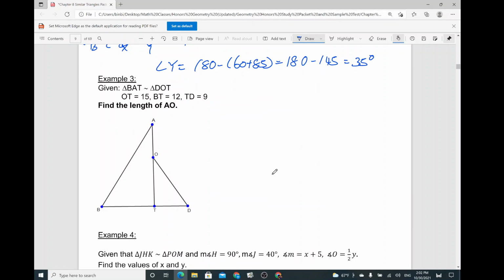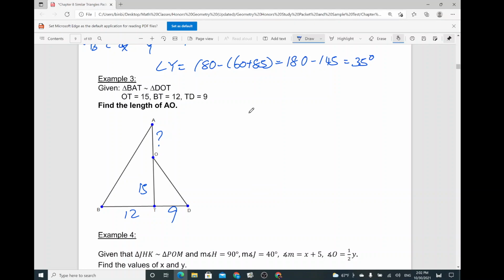And here's another one. Triangle BAT is similar to triangle DOT. So OT is 15, BT is 12, DT is 9. And you want to find the length of AO. So again, let's set up the proportionality statement.